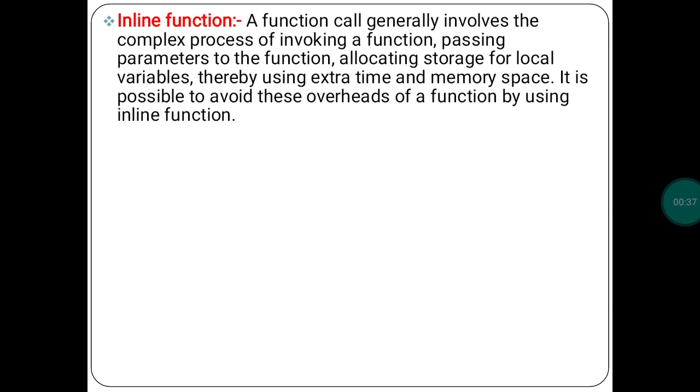When you are using more than two functions in one program, all the function names should be the same, but you have to make changes in the number of arguments or the types of arguments. If the number of arguments is the same, then you have to change the types. If the types are the same, then you just have to change the number of arguments. So that is function overloading.